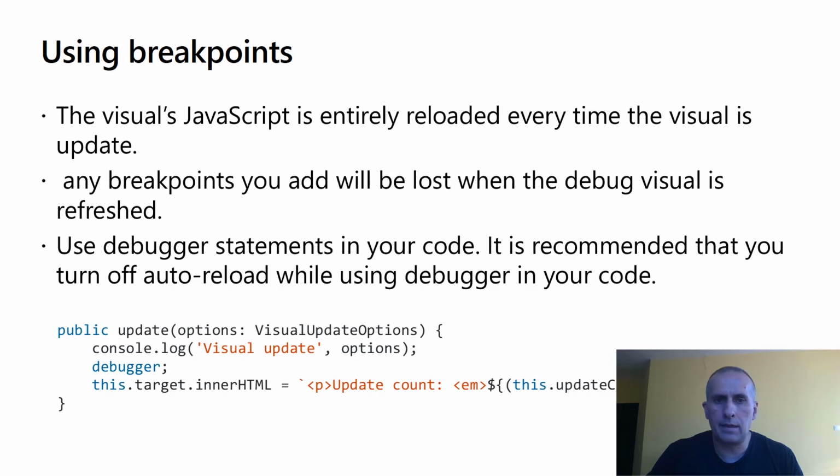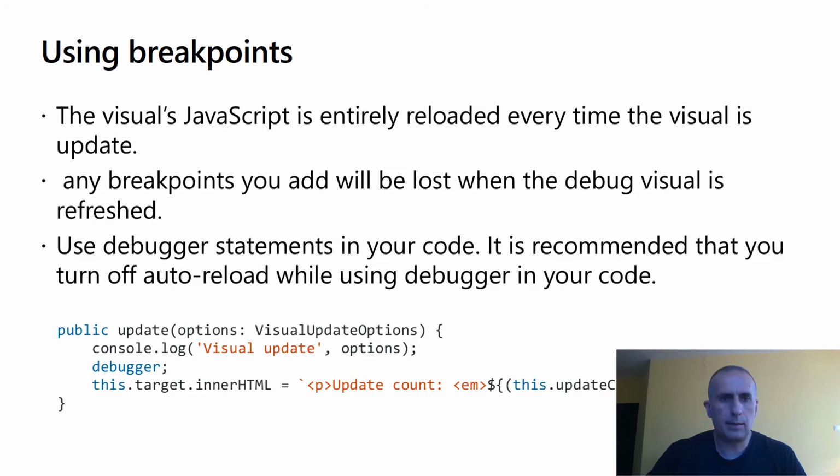JavaScript is entirely reloaded every time when visual is updated, and breakpoints are lost, and it is not possible when you have debugging and refreshing the component to use these breakpoints. That's the reason to need to have debugger statements in your code, which is recommended when you have development.